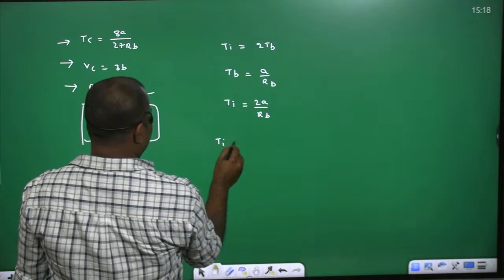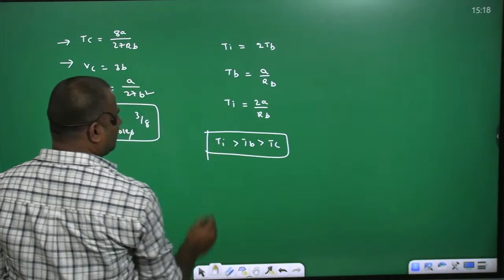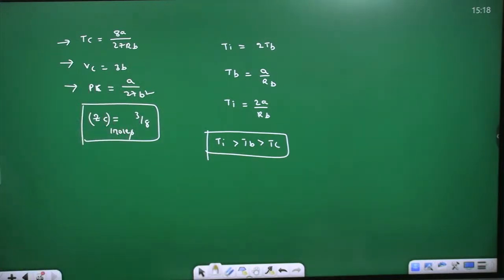So the relation is Ti greater than Tb greater than Tc. These are the related formulas from states of matter.